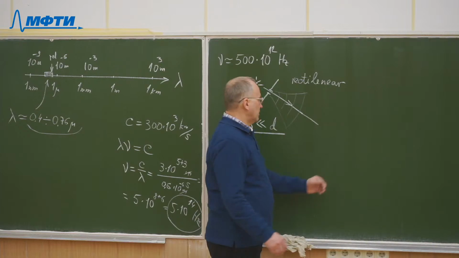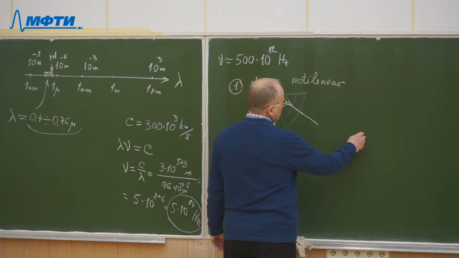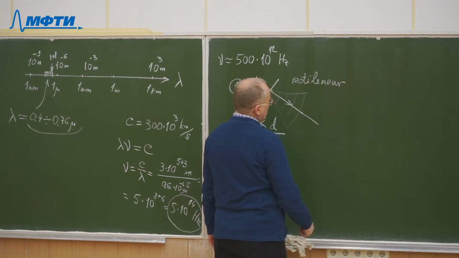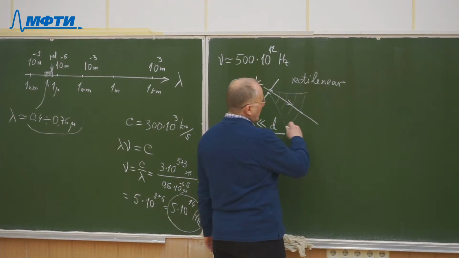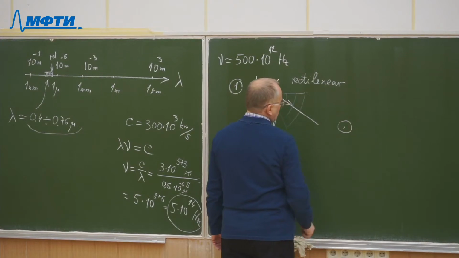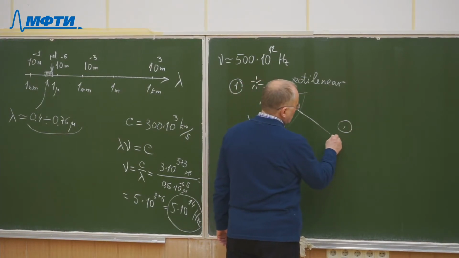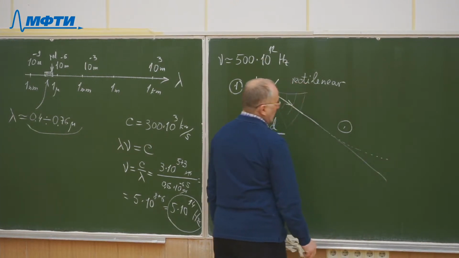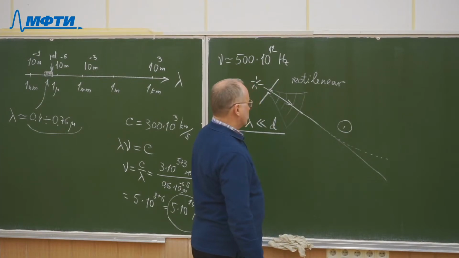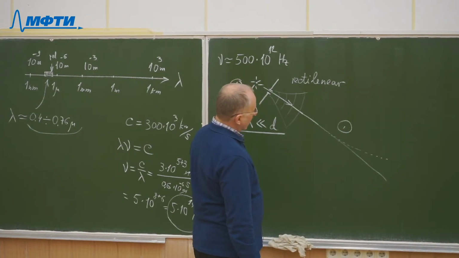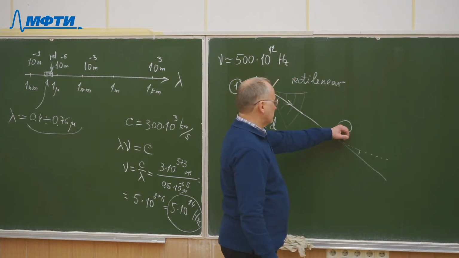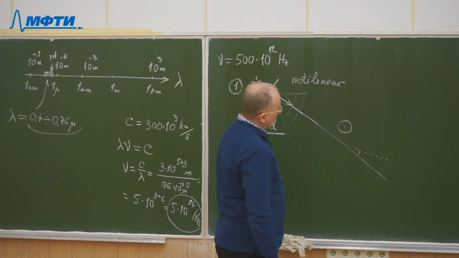If you have a sun somewhere here, and this is the light coming from a distant star, then the light rays coming near our sun will not go along the straight line, but they will be deflected. But this angle is very small because the sun has a small gravitation field.